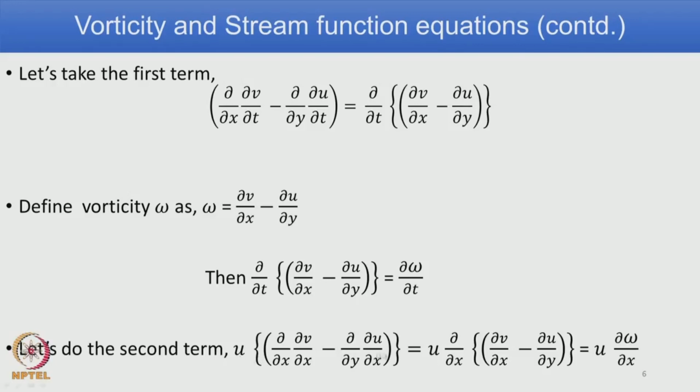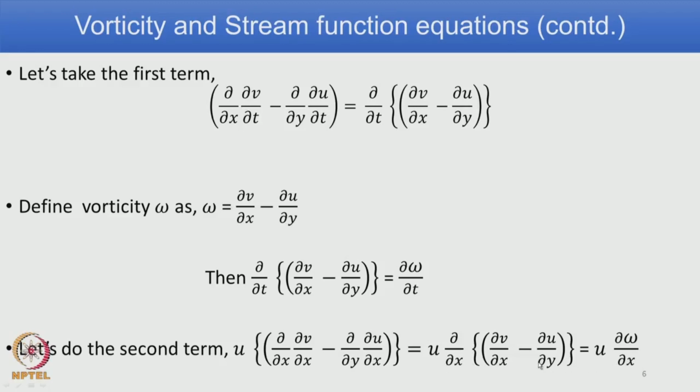If you do this, then we get u into dou by dou x of dou v by dou x minus dou u by dou y. In the same way the common term is taken out, and here the derivatives are exchanged. Once again we recognize the term in the bracket as vorticity. So u into dou by dou x of omega. So we get the second term, which is like the convection term of the vorticity transport equation.